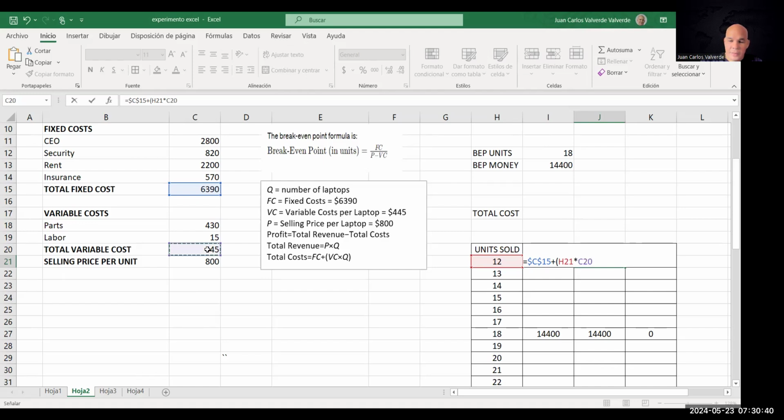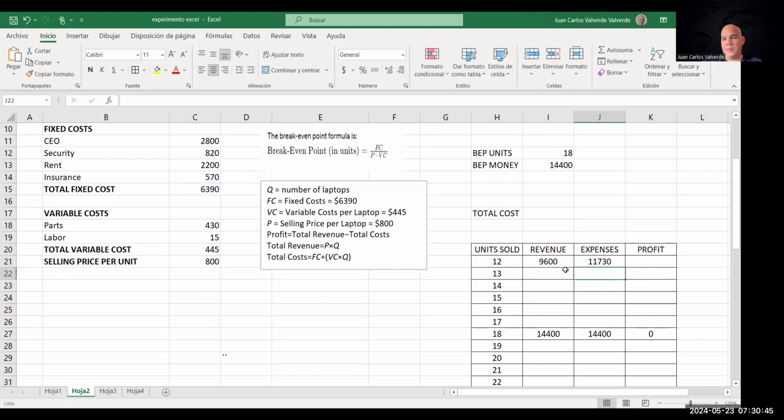Okay, so I close this. Those are the expenses. As you can see, expenses are higher than revenue. Okay, and the profit for this would be a negative profit.